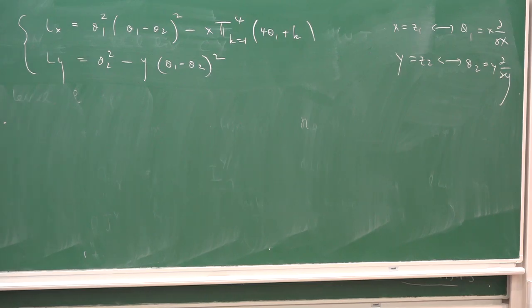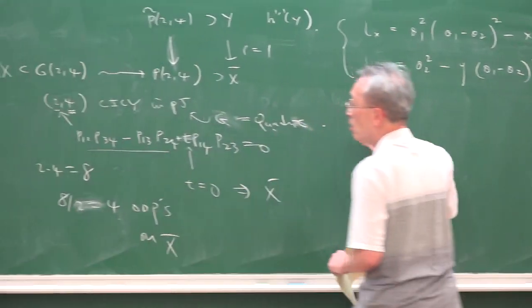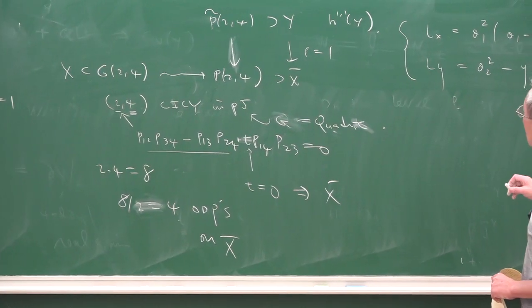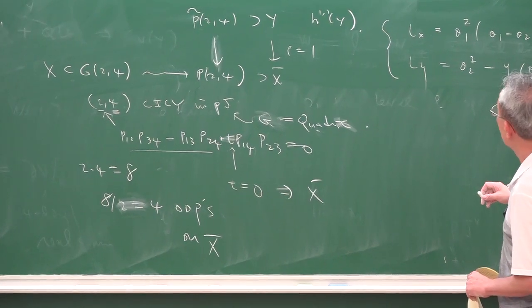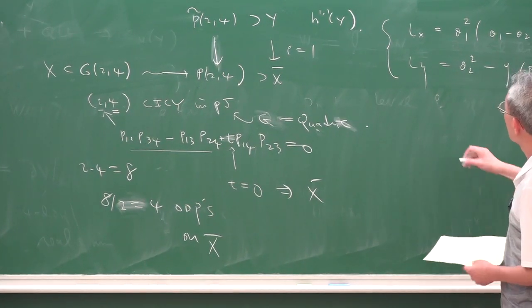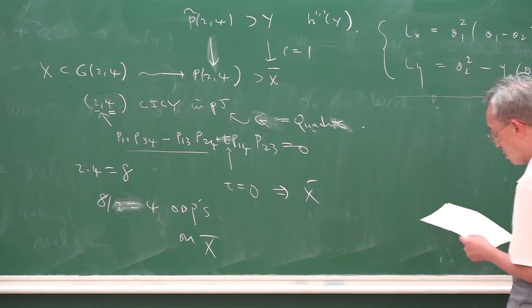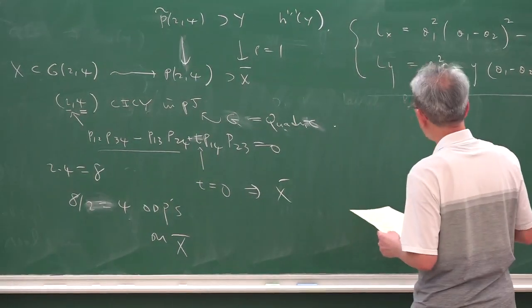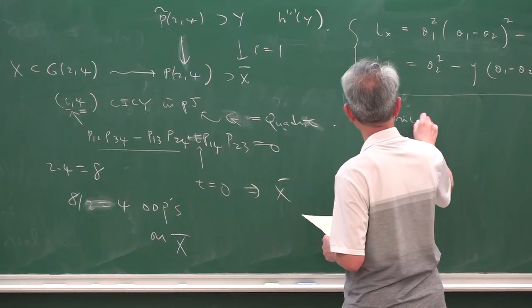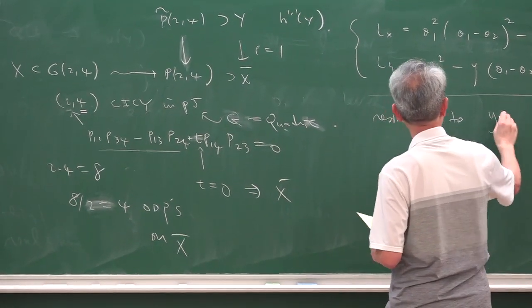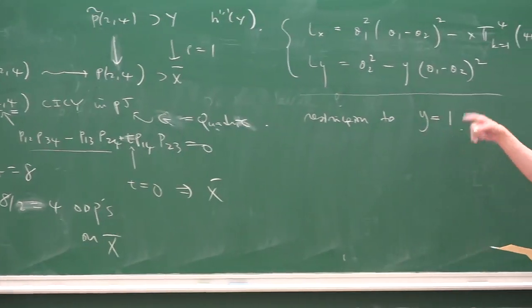So here you can compare relative to what? Okay. But look at this. So you want to calculate. Of course, y is the B model conifold variable.